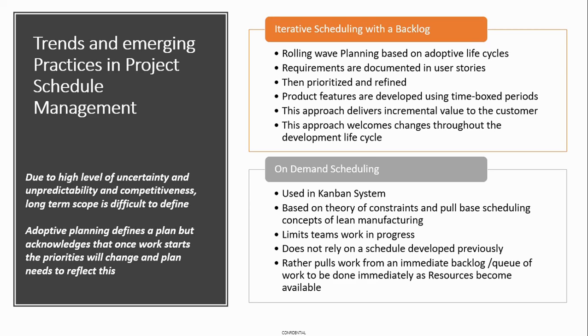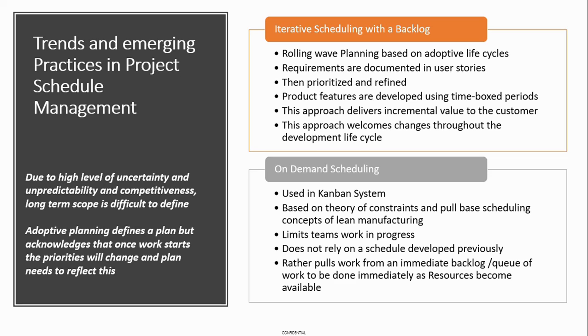As a project manager, it is important to understand the trends and emerging practices in project schedule management. Due to the high level of uncertainty in the environment, unpredictability and competitiveness, there is an increasing tendency that project management uses adaptive life cycles over and above the predictive life cycles.